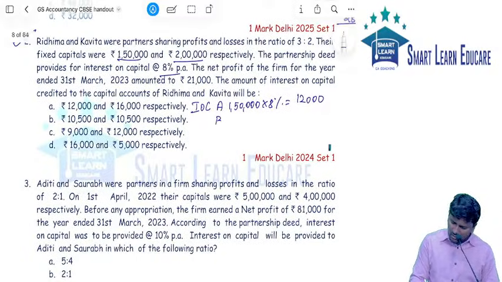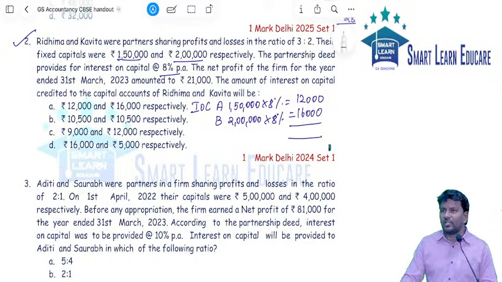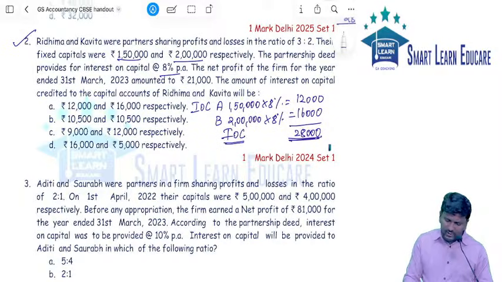Similarly, what is interest on capital for B? Capital is 2 lakh. Then 2 lakhs into 8% will give you, sorry, 16,000. It means total interest on capital for A and B will be 12 plus 16 will give you 28,000. This 28,000 is the amount of interest on capital which is required.